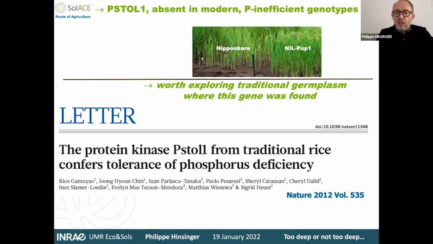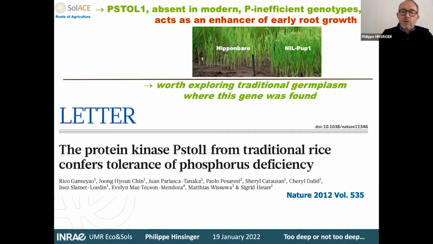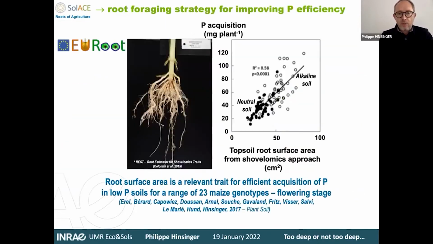What was interesting in this work was that they realized that most of the modern germplasm did not have this gene, suggesting possibly that it had been counter-selected, while when exploring traditional germplasm, usually this gene was found. And they also showed that this gene was actually involved in root growth regulation. I'll come back at the end of my talk with more recent work from his group.